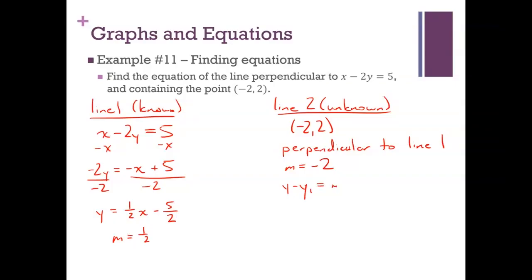But I do know the slope, and I know some point. So let's start filling these things in. Basically, this negative 2, 2, I'm calling this my x1 comma y1. So this becomes y minus 2 equals negative 2 times x minus negative 2. So y minus 2 equals negative 2 times x plus 2.